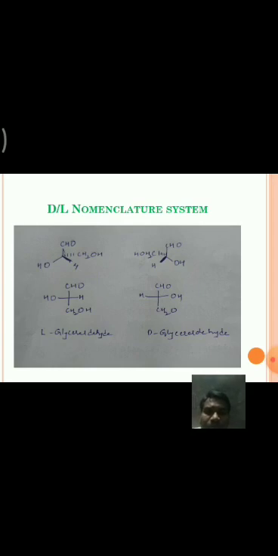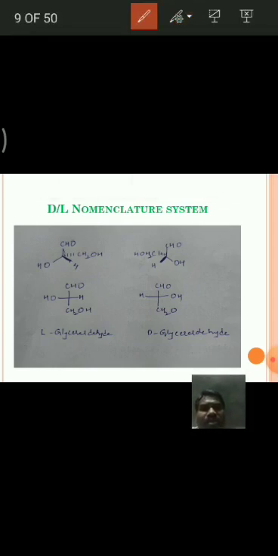For example, this is the glyceraldehyde molecule. When we observe it in this way, the H and OH are towards the viewer, placed on the horizontal line, and CHO and CH2OH are placed on the vertical line, away from the viewer.